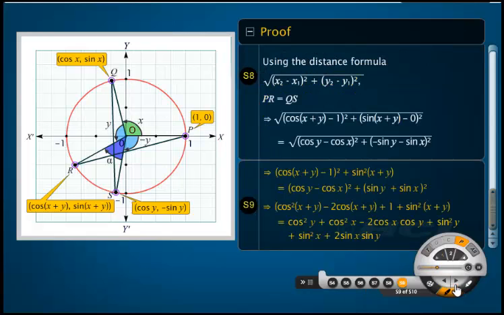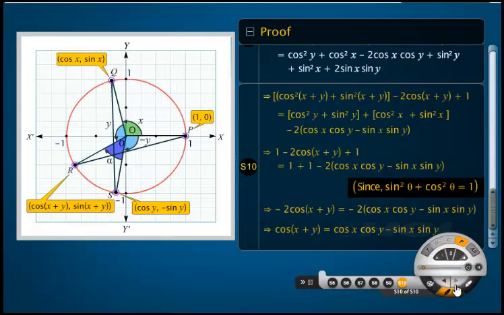Squaring both sides and simplifying, we get the equation shown. Next, we simplify the equation further using the standard identity sine squared theta plus cos squared theta equals 1. Thus we obtain the required relation cos x plus y equals cos x cos y minus sin x sin y.